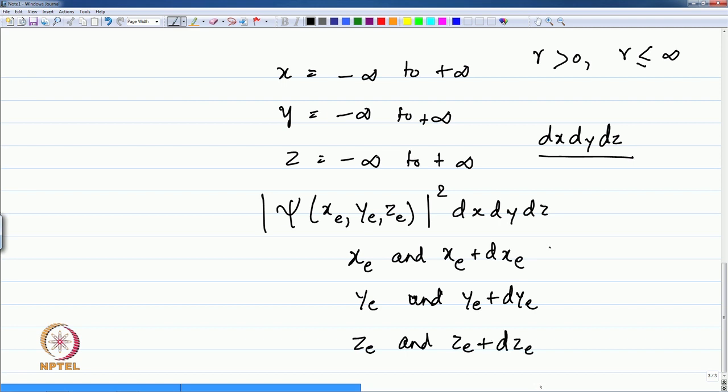This is the three-dimensional Cartesian coordinate representation for the hydrogen electron problem, the nucleus electron problem.